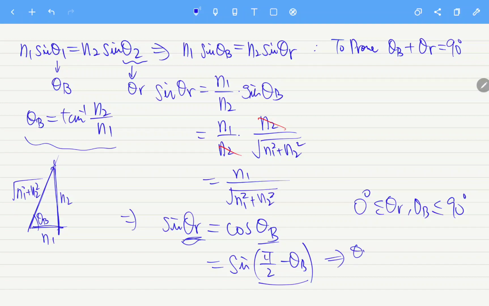So here we should have theta r equals pi over 2 minus theta b. Then we move it over, so it turns out theta b plus theta r is pi over 2, or 90 degrees. So actually the reflected ray and the refracted ray are always perpendicular to each other.